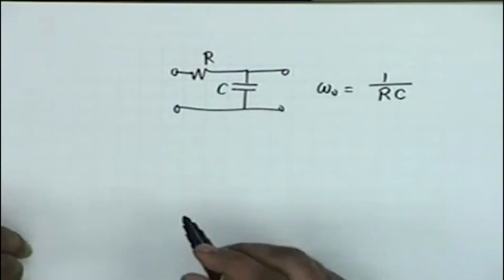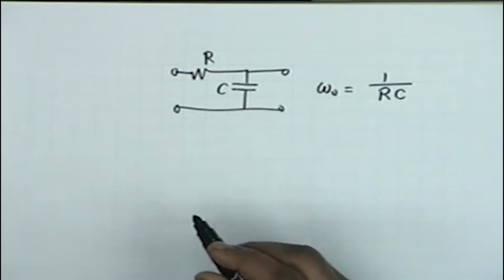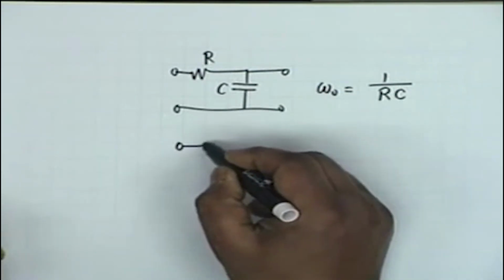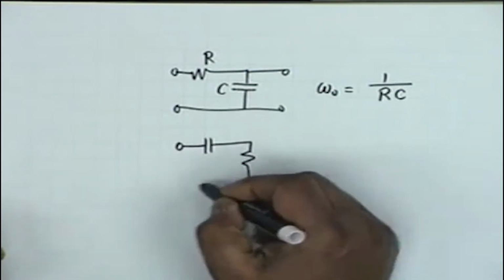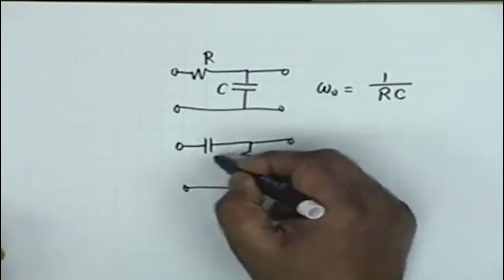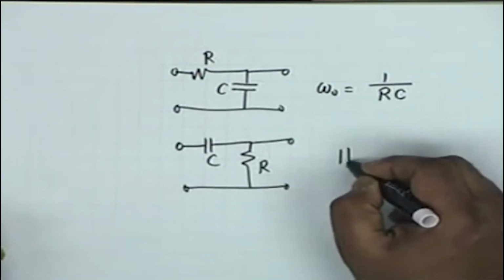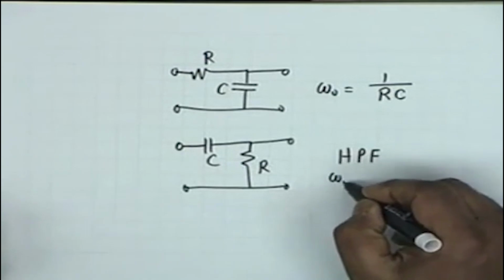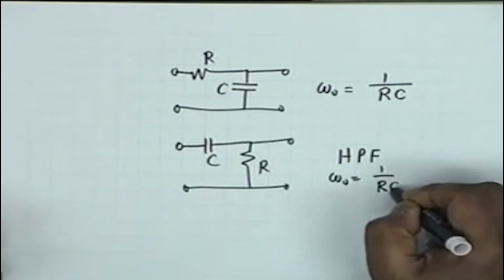Now, by a similar reasoning, one can say that if the capacitance and resistance are interchanged, that is, we have C and then an R, then this circuit shall act as a high pass filter with a half power or cutoff frequency given by the same quantity omega 0 equal to 1 by RC.